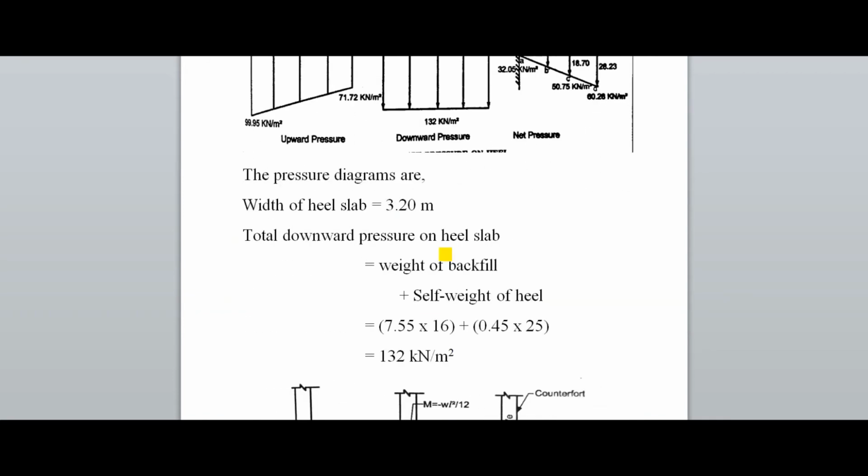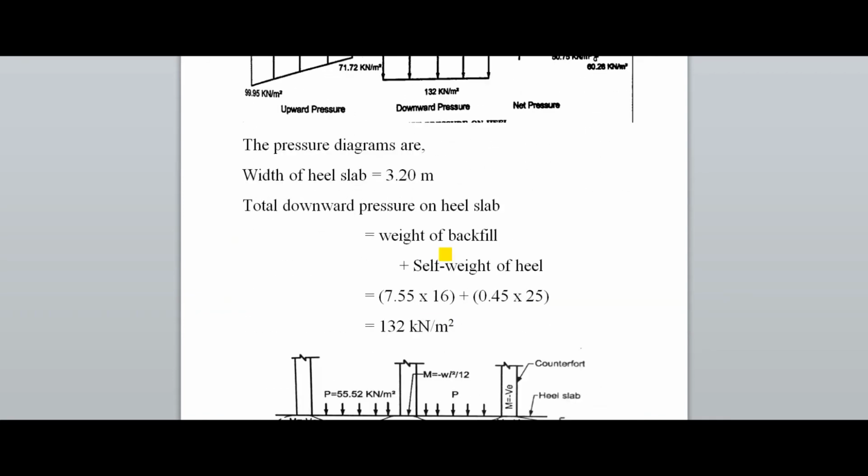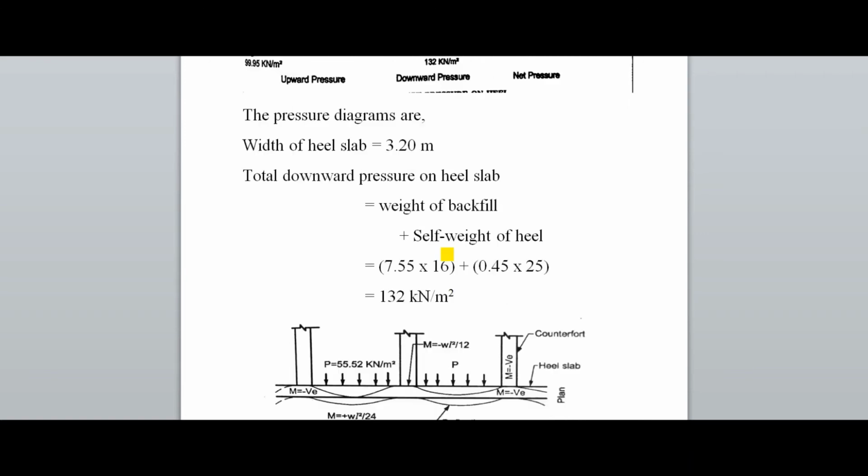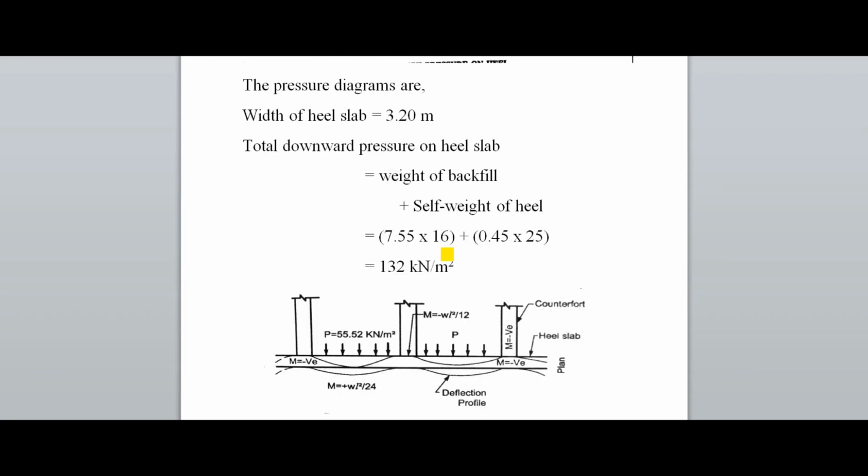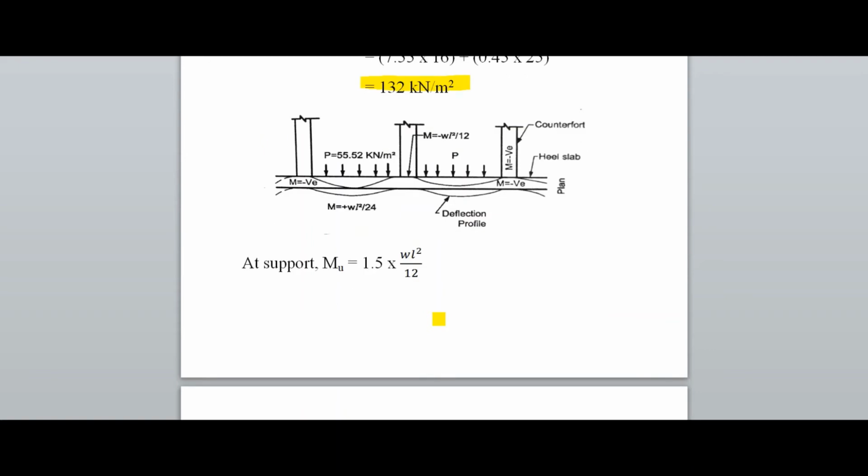So we can draw the pressure diagram for the heel slab, with the weight of backfill and self weight of heel. We can find the total downward load on the slab, which is 132 kilonewton per meter square. We can find Mu from this table, IS 456 2000, page number 48, table number 12.